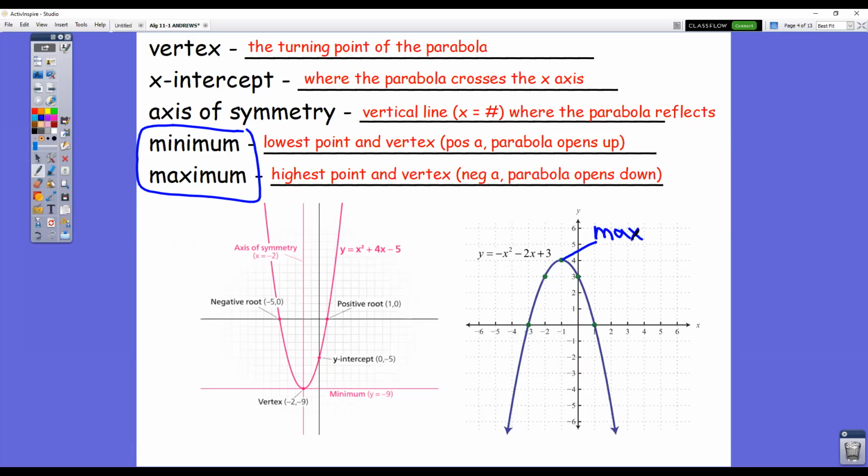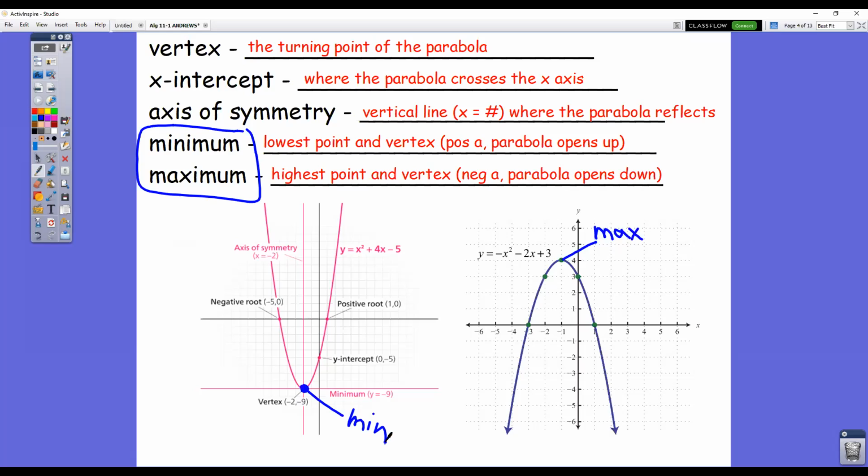So when we have a parabola like this, a parabola is a U-shaped graph, your maximum is your highest point of the graph. Your minimum is your lowest point of the graph. So the maximum is your highest, your minimum is your lowest.